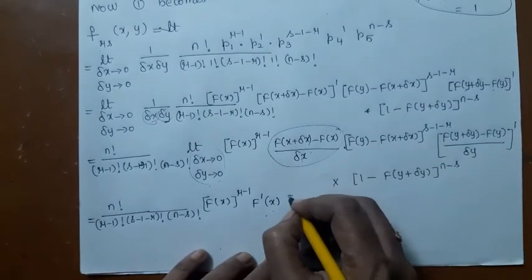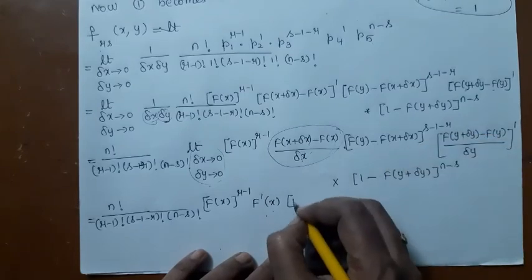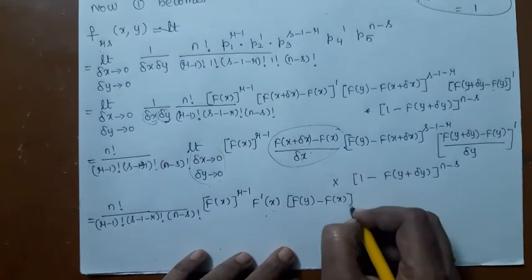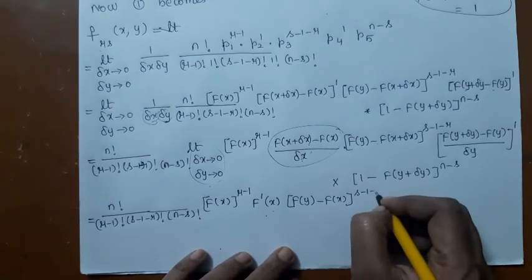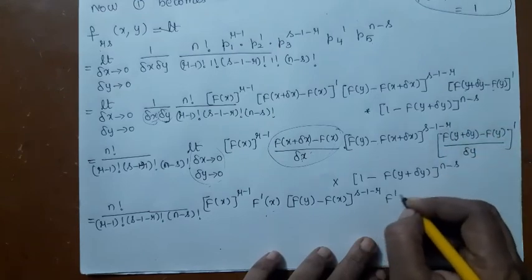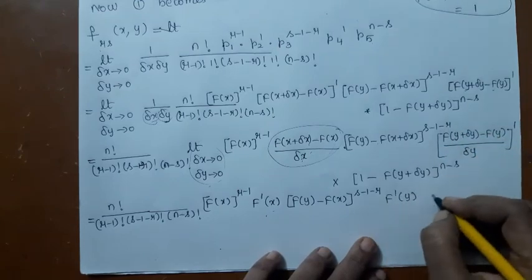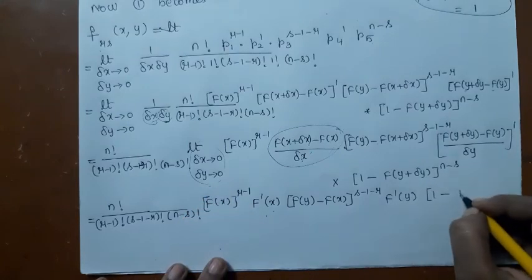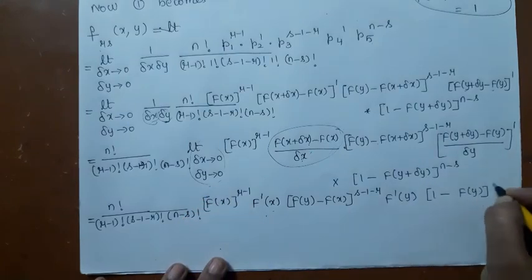And here you apply delta x goes to 0. So what will you get? F of y minus F of x. That's all. Delta x becomes 0. And here when delta y goes to 0, this becomes F dash of y. Okay. And here when delta y goes to 0, it becomes 1 minus F of y.